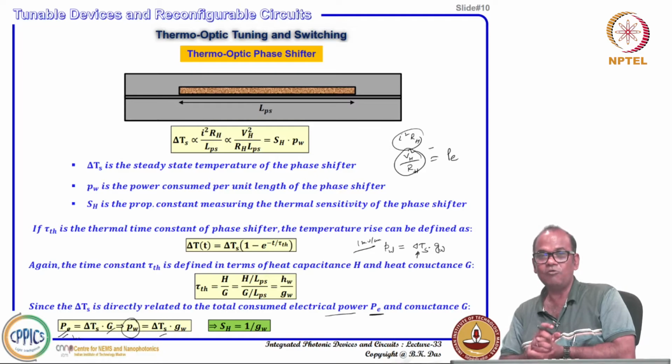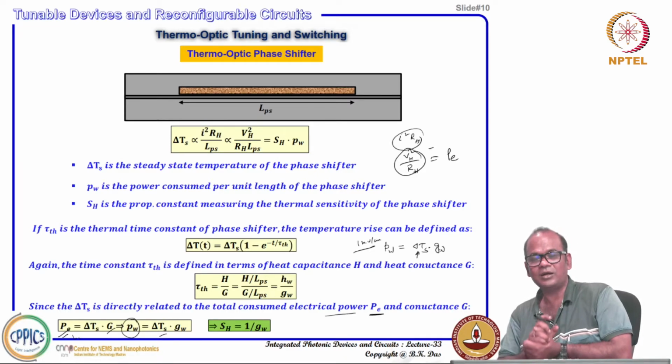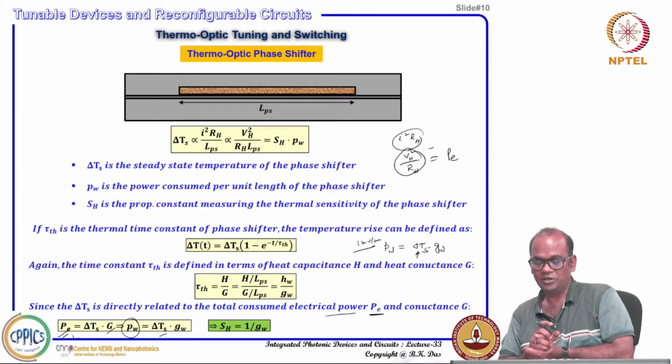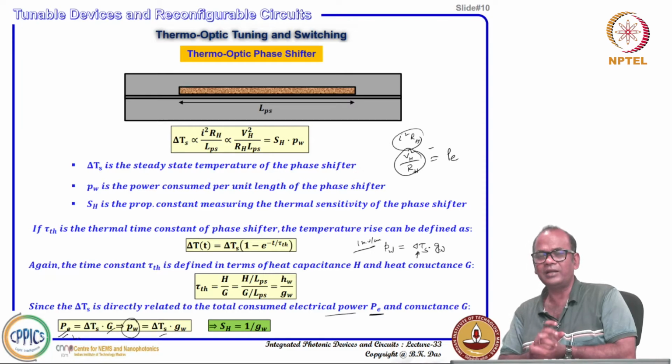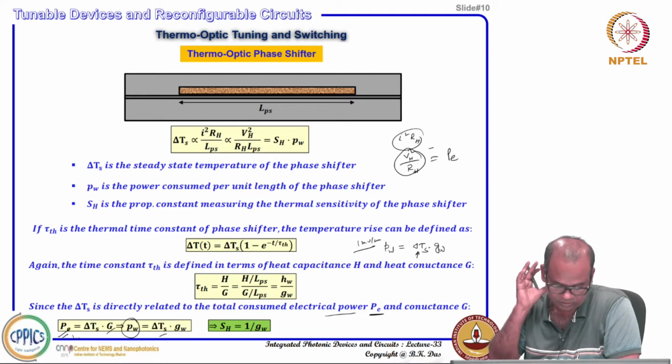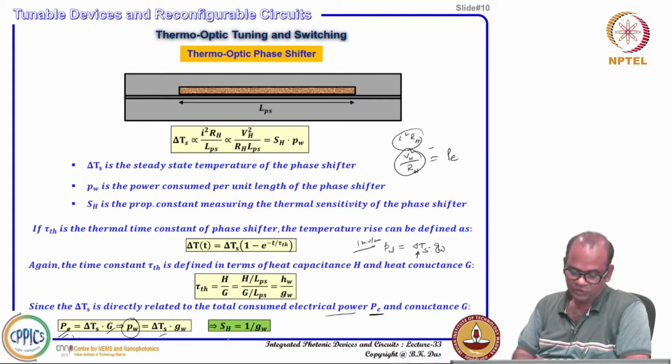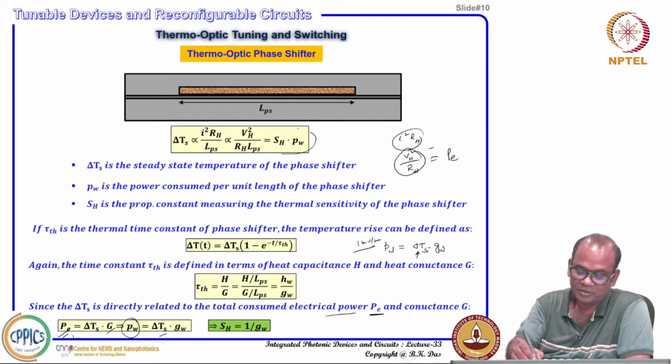So, you would like to have lower thermal conductance to dispense less power to get a desired phase shift. Okay, that is very important. Now, that is why we define sensitivity here: delta Ts is proportional to Pw.